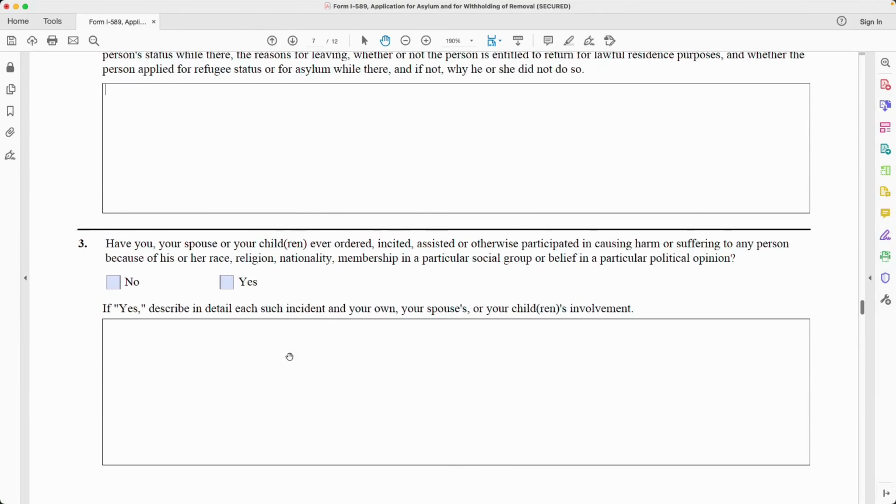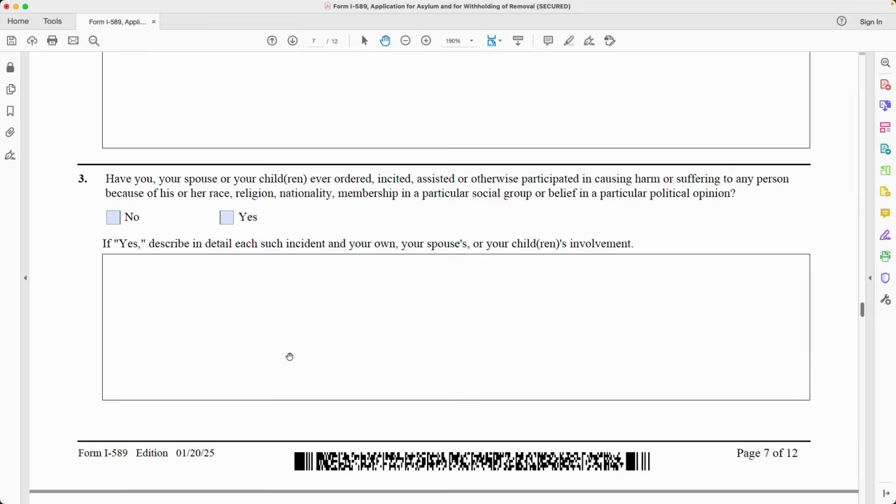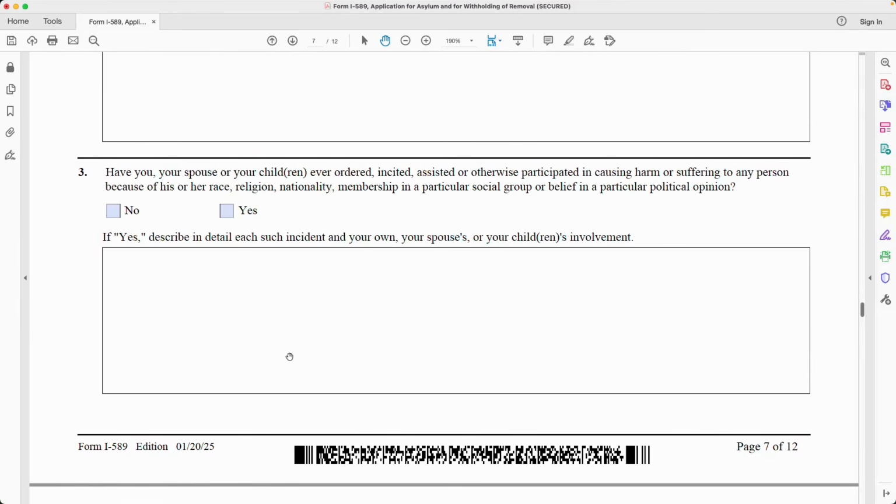Question 3 asks if you, your spouse, or your children ever caused or participated in causing harm or suffering to any person because of their race, religion, nationality, political opinion, or membership in a particular social group. Check no if you have not.